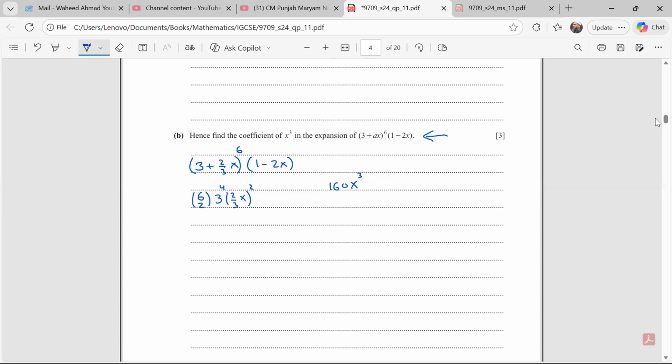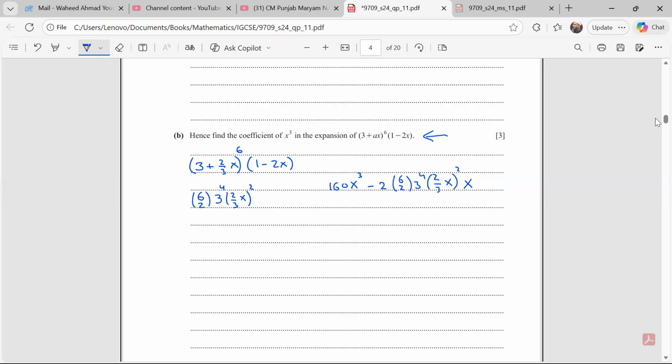I hope it's clear that this particular term in the expansion of (3 + (2/3)x)^6 will have x^2 in it, and when it multiplies with -2x, it will become x^3. So when I multiply this together, it will become minus 2 times 6C2 times 3^4 times ((2/3)x)^2 times x.